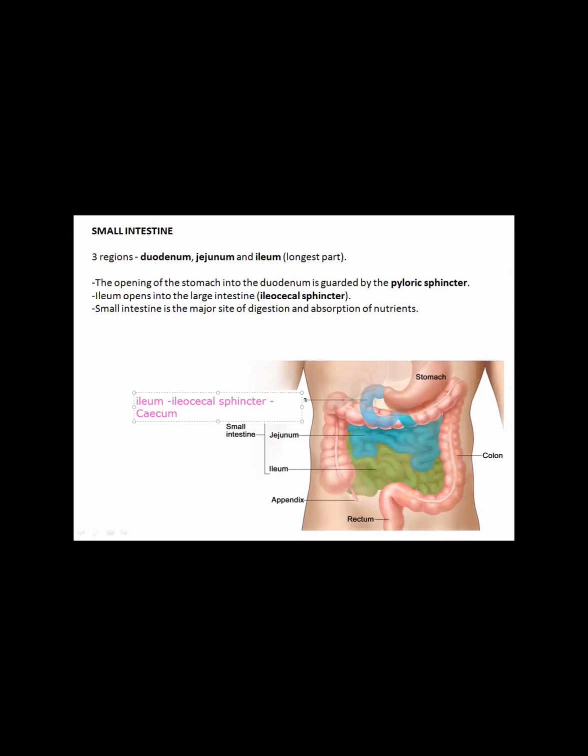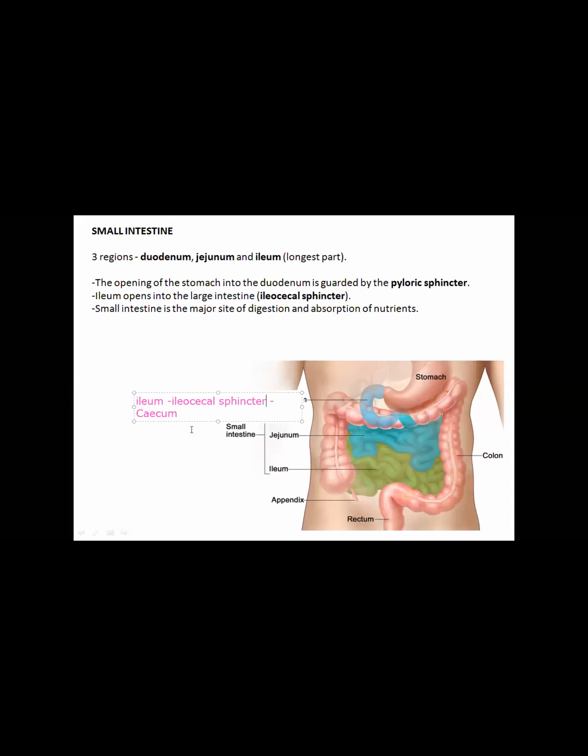These sphincter muscles do not let food enter into the next organ till the work of the previous organ has been done. So अगर stomach में already पूरा digestion complete नहीं हो गया है, till then it will not allow the food to enter into the small intestine. Okay, Khushi?